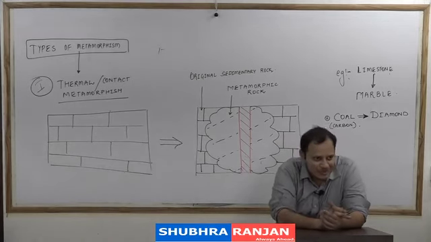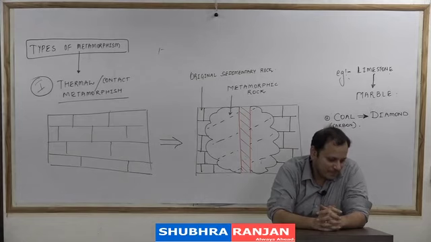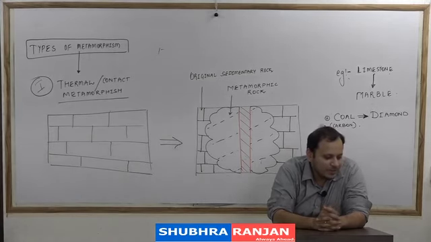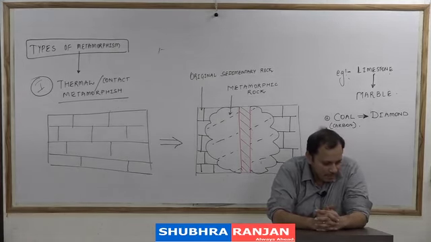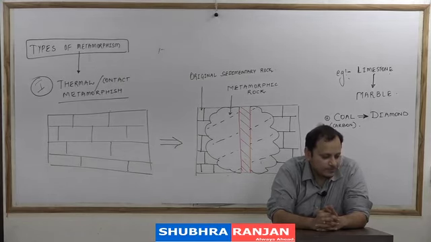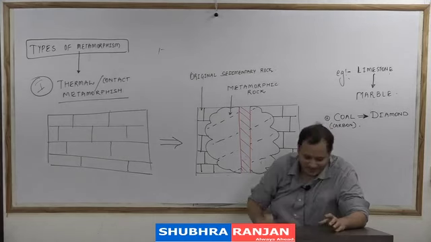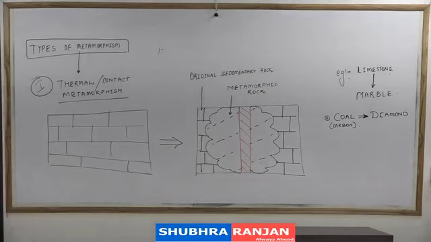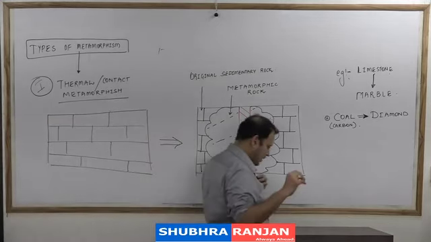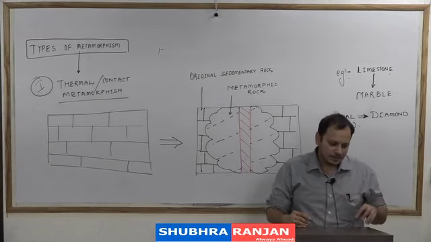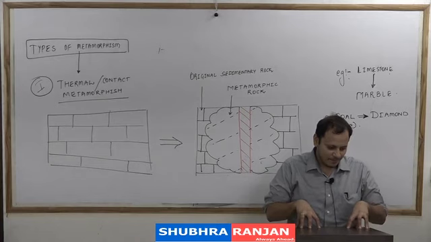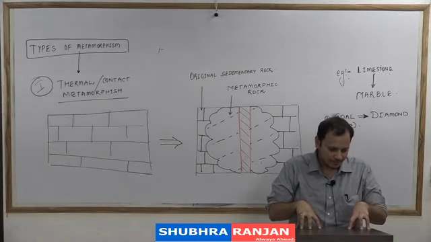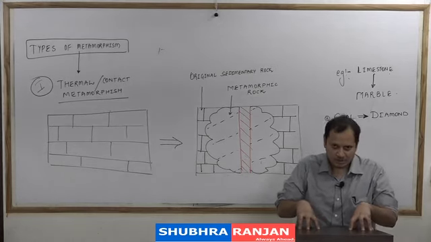Thermal metamorphism is caused due to high temperatures, during volcanic eruption, when magma rises upwards, it changes the rocks.